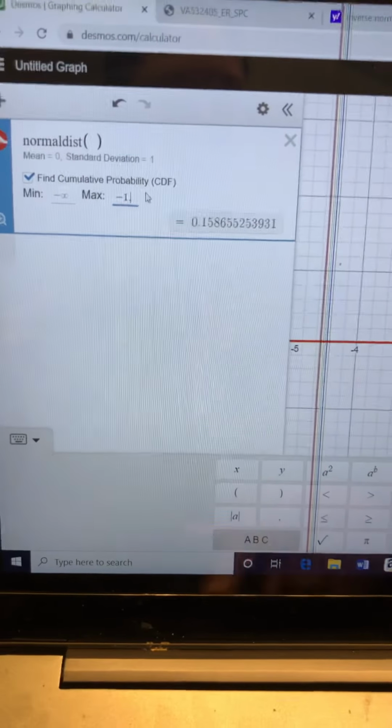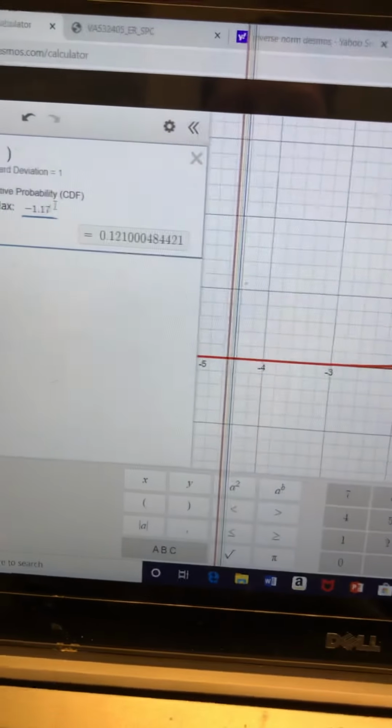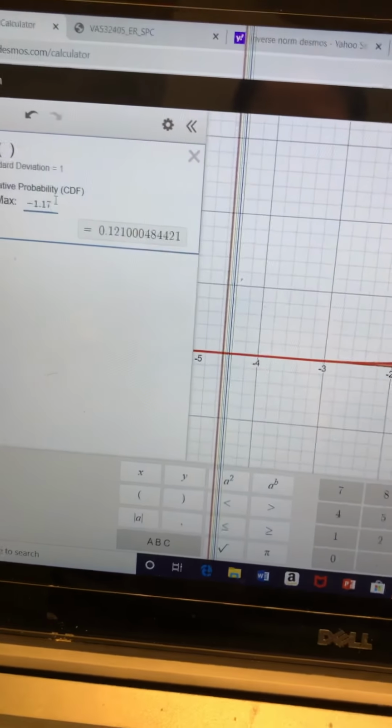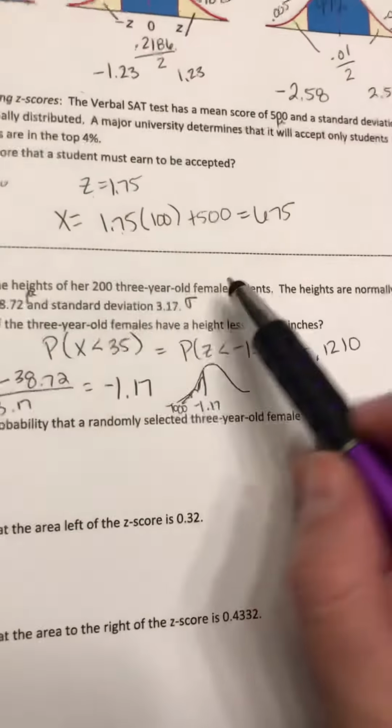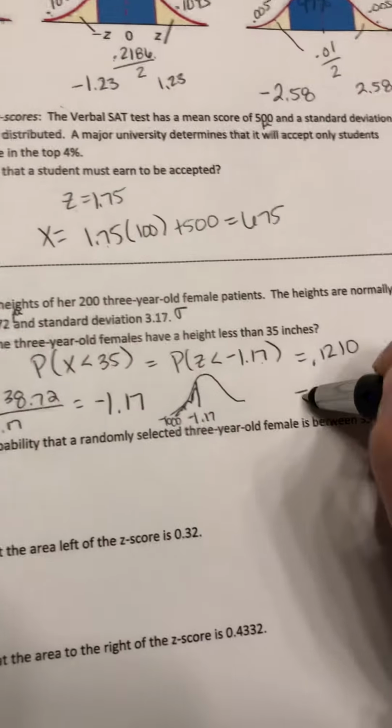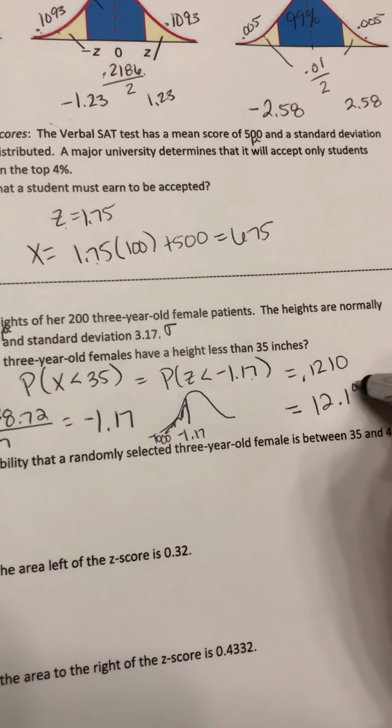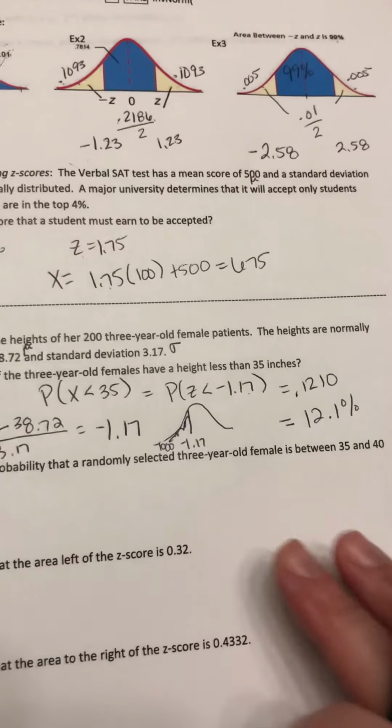So negative 1.17 is 0.1210, but it actually says what percent, so I want to convert that to percent. So 12.1% would be the answer.